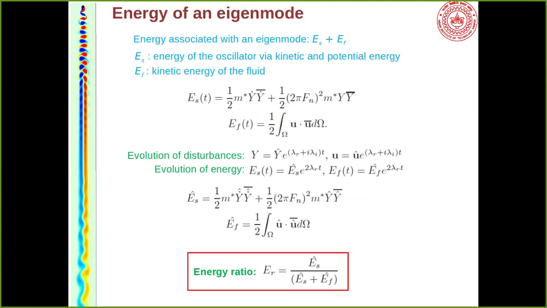We thought it would be appropriate to look at the energy transfer. So here's the physics. There's a flow past a circular cylinder. There's a base flow, the steady state flow. Now it starts vibrating. So where is the energy coming from? It has to come from the base flow. The base flow has infinite energy. It's an unbounded flow, right?